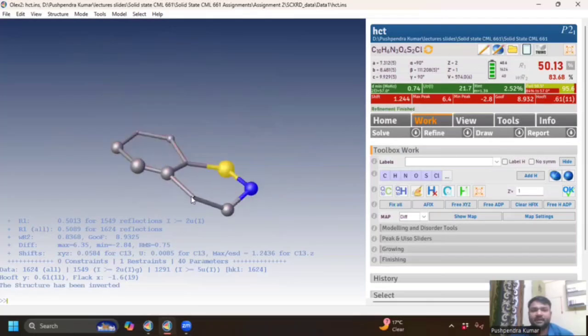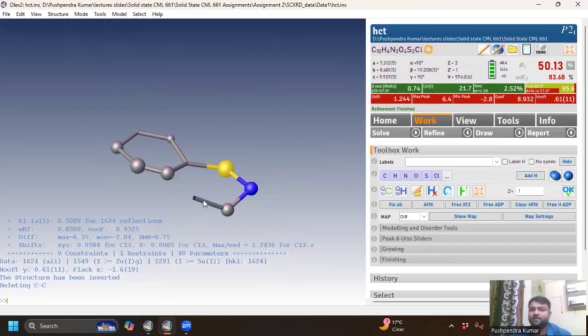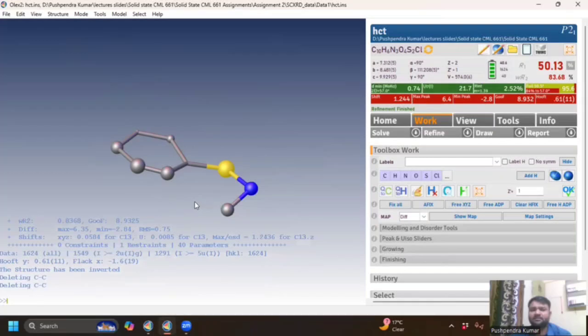First of all, the atom is inside this hole that is shown in the figure. To select the atom, we have to delete these bonds simply by clicking on the bond and pressing the delete button. This is the smallest electron density that is showing here.